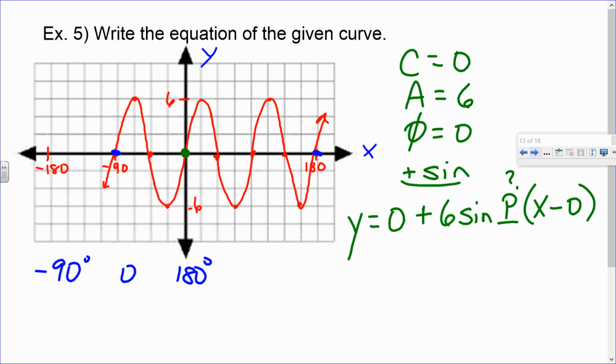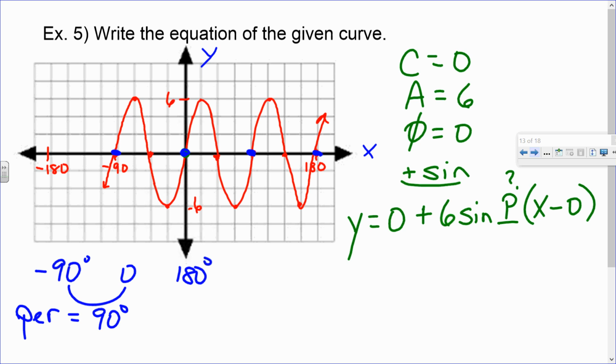Are those consecutive? No, because all 4 of those are center line increasing. If I didn't know the 0 one, I could have used the first and last one and done some division to figure out how far between two consecutive ones. But much easier to say negative 90 and 0 are how far apart? 90. So the period on the graph, not the p for the equation, needs to be 90 degrees.